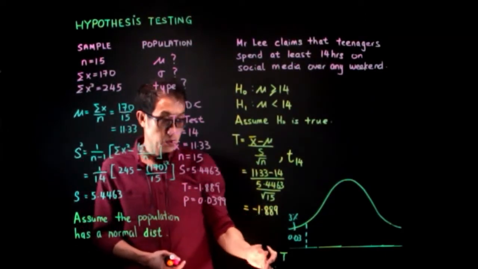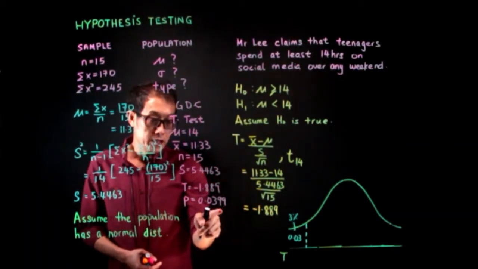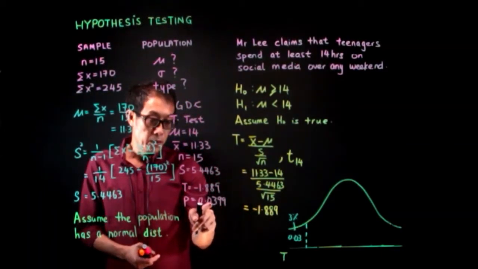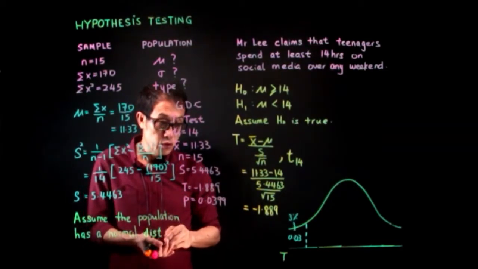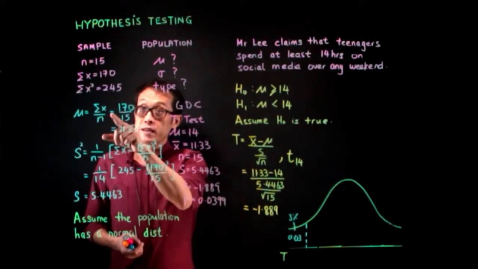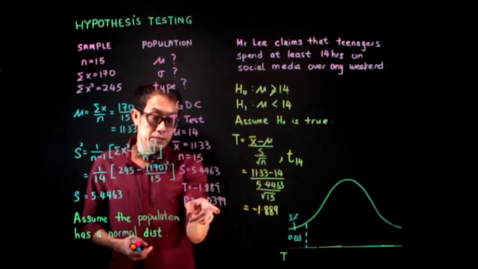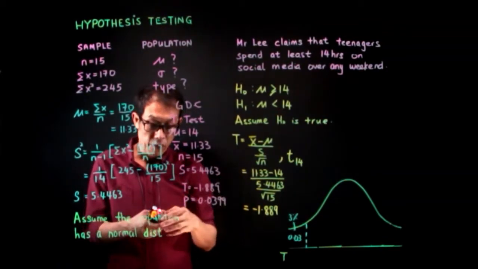So more extreme than this is 0.0399, so this is roughly about 0.04. So to obtain results more extreme than 11.33, the percentage is approximately 4%.